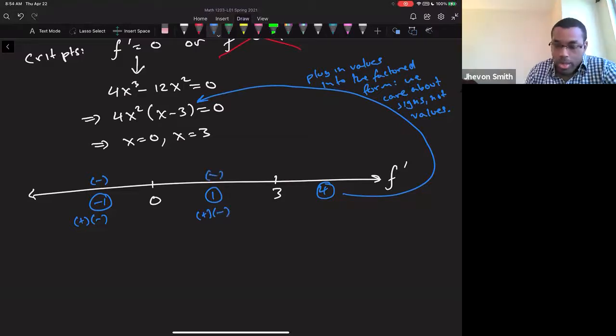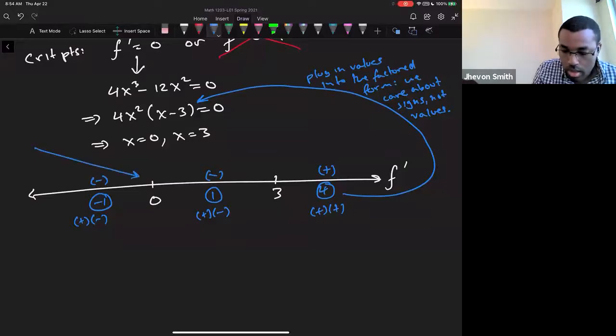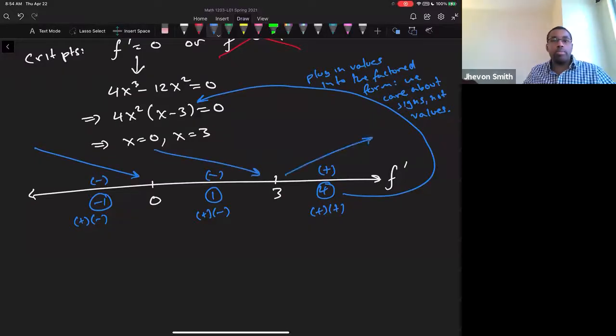Plug in 4 into 4x squared, of course, that's a positive because it's a square. And plug in 4 into x minus 3, that's a positive. So that's a positive. Now, remember in the first derivative test, this tells you about increasing and decreasing. So the negative tells you that you're moving down, and positive tells you that you're moving up as you go from left to right.